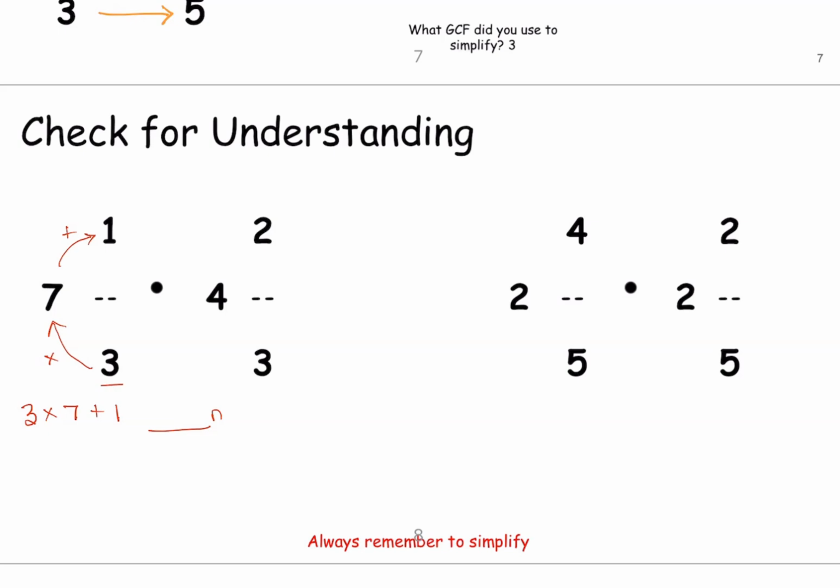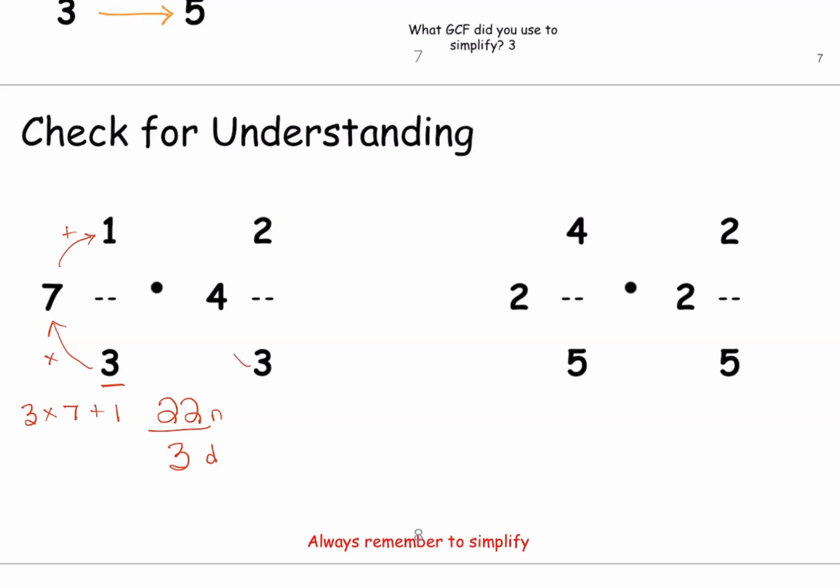The 3 that we originally had as the denominator would stay in the denominator position. So 3 times 7 is 21, plus 1 is 22. 22 over 3 is our first fraction, written in improper form.